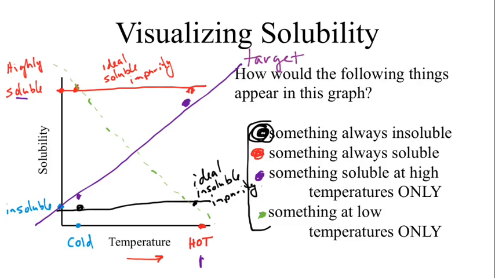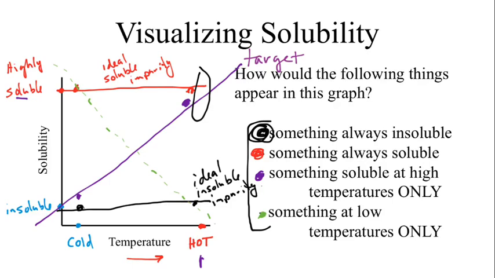What I need to do is find the point where my target compound and the soluble impurity have different solubilities. If I go to hot temperatures, what do I notice? They have the same solubility. So if I try to dissolve the target compound at hot temperatures, the impurity dissolves, target dissolves, no way to separate them. We can't separate a clear solution.